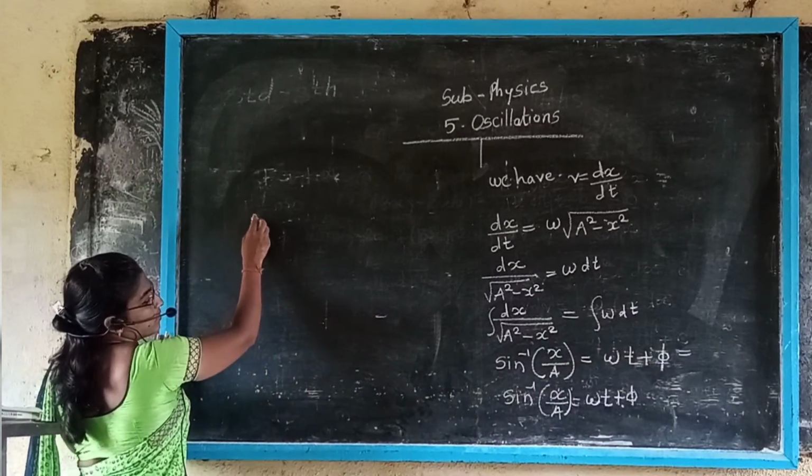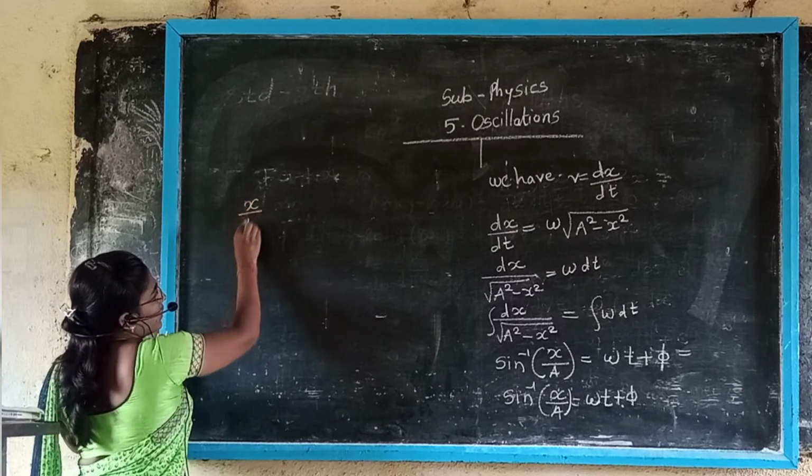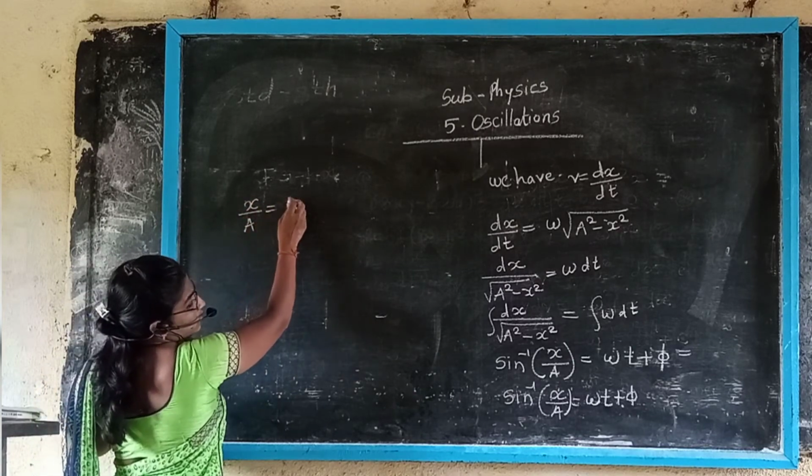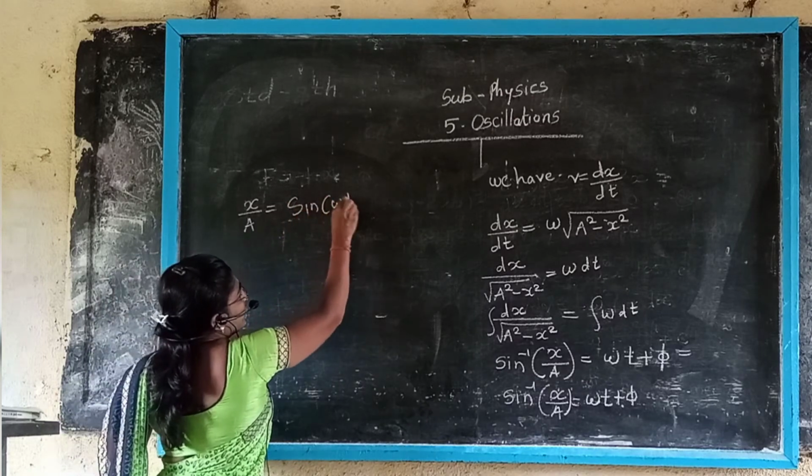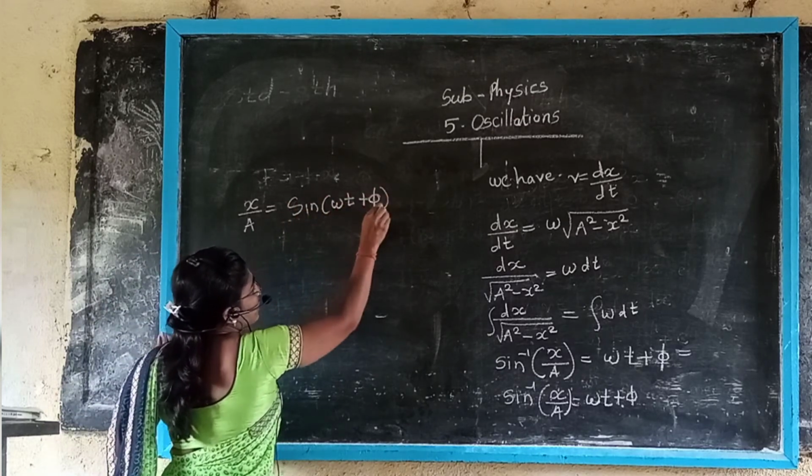Simplifying the above equation, x upon a is equal to sine of omega t plus phi.